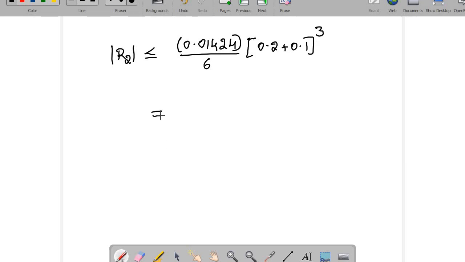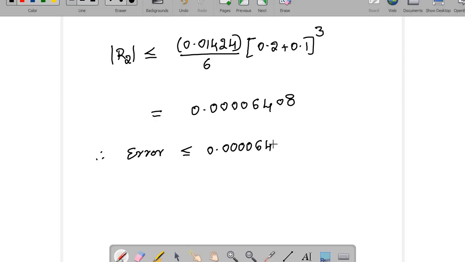Now all together we need to compute this, and you get 0.00006408. Therefore we can claim that the error would be less than or equal to this, because this is the maximum possible error in the given region.